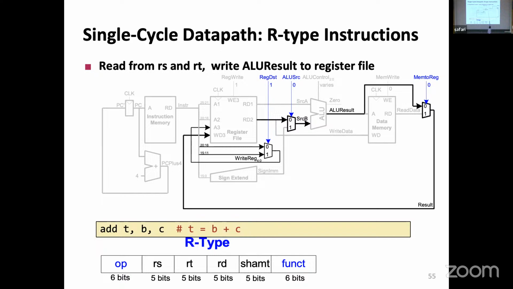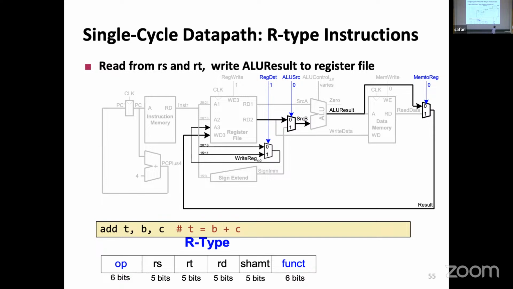Anyway, so I have a difference here. I also have a difference for the source of the ALU, because previously I was always taking this immediate as one of my operands, but now I have another option for R-type instructions. The second operand to the ALU comes directly from the register file, and I know where to pick this from: these bits 20 to 16. So they provide me this.